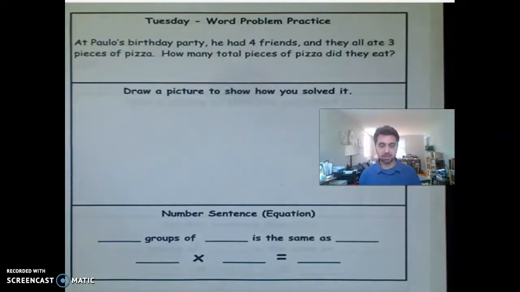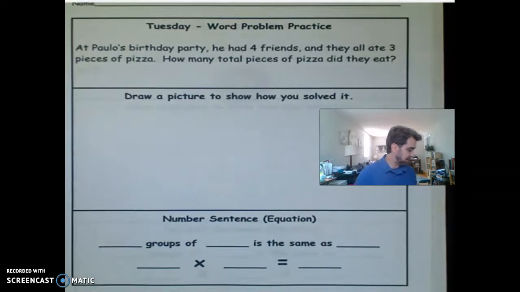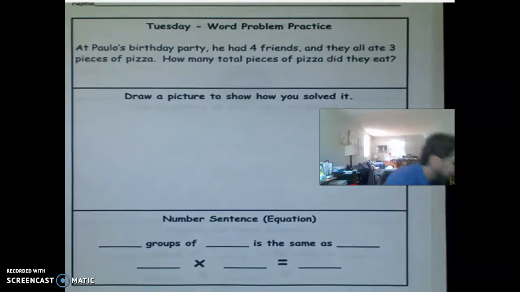So let's take a look. We're going to draw a picture to show how you solved it. So what I would like you to do, boys and girls, is draw a picture of Paolo and his 4 friends, showing that they each ate 3 pieces of pizza. So if we go back to yesterday, we drew things this way.